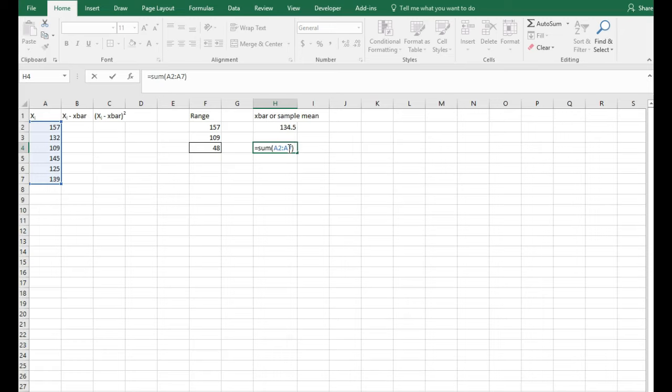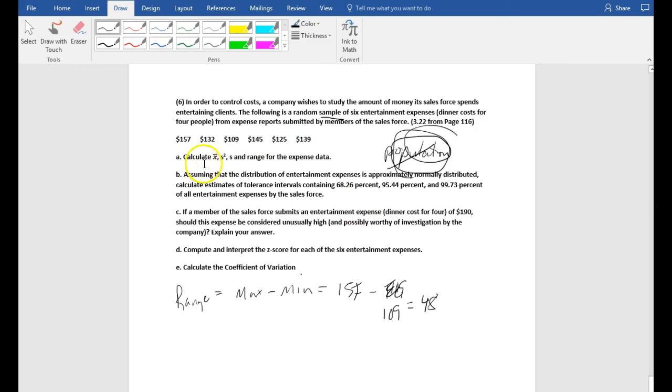So we'd say sum of that area divided by count of that area. So that's going to be, that's also 135.5. So we know that we did it right. We know that the Excel function is in fact working properly. So good. So we have x bar.